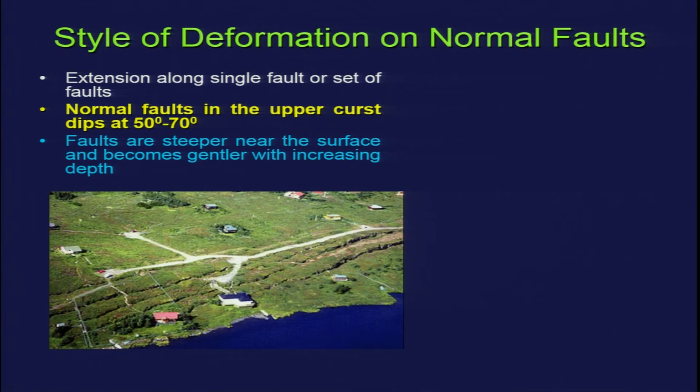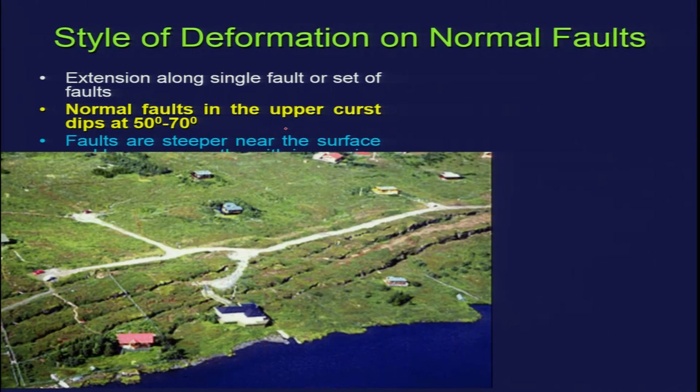So you will see that most of the faulting in extensional tectonic environment, and that is normal faults, will be seen either as a single fault rupture, or you will see multiple in a fault zone or sets of faults.